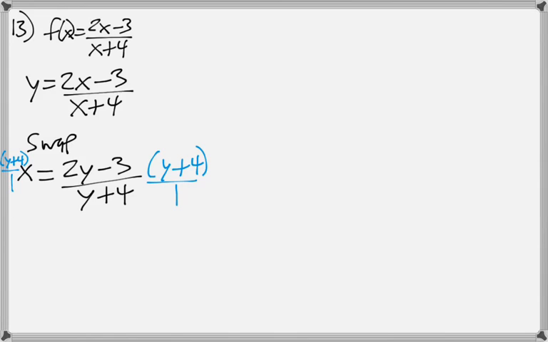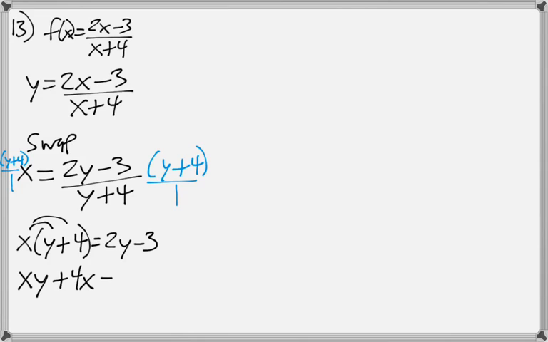What that's going to leave me with is x times (y plus 4) is equal to 2y minus 3. So now I can distribute the x, and I have xy plus 4x is equal to 2y minus 3.